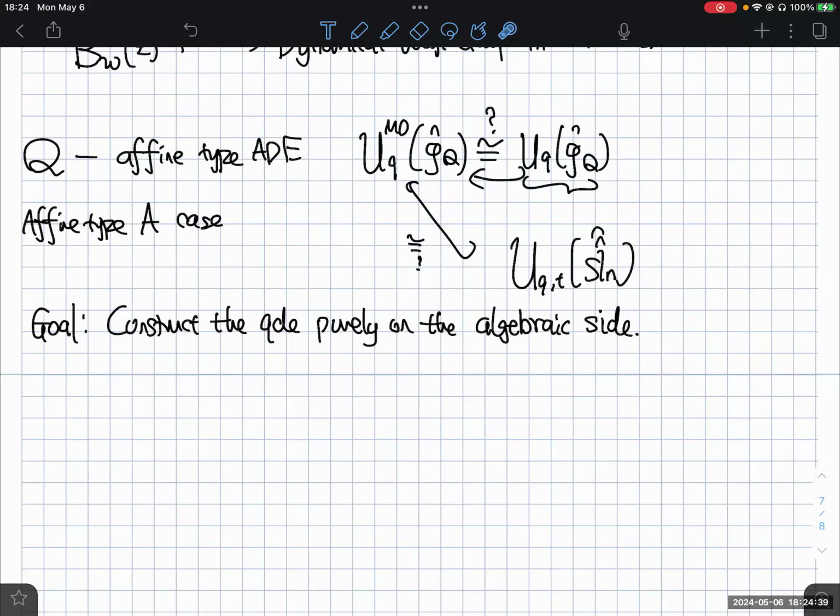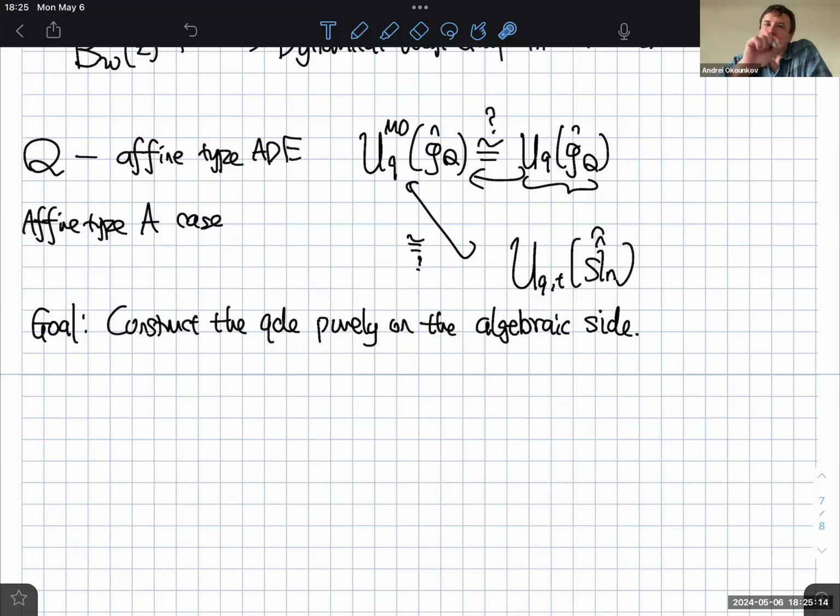I've talked to both, but it seems that they still don't know how to proceed this proof to the quantum affine case. I expected that there should be some proof, but so far I don't know.